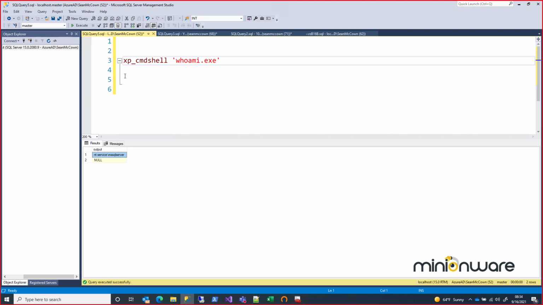So people think somehow that command shell is this mysterious thing that gets around Windows security or gets around SQL security somehow and lets you do these nefarious things by magic, right?